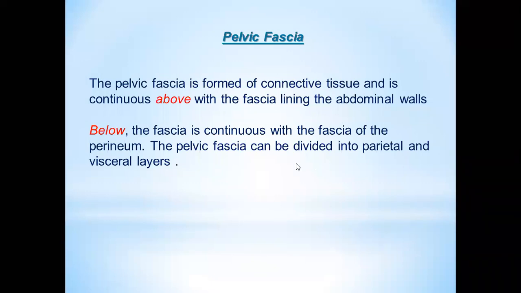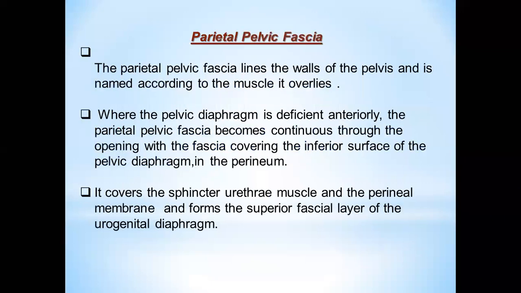Now, similar to how we had the abdominal fascia divided into parietal and visceral layers, this pelvic fascia is also divided into the parietal and the visceral layers. The parietal pelvic fascia lines the walls of the pelvis, and it is named according to the muscle it overlies.